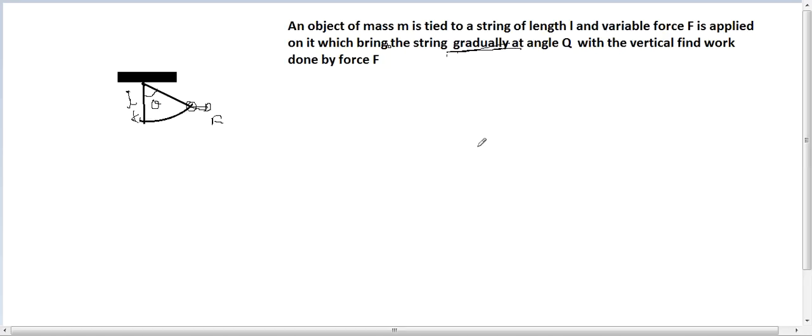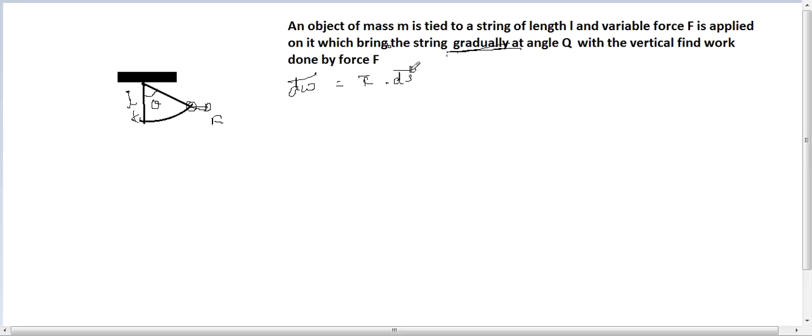So guys, the first thing, when you read the question the first time, if you are a beginner in the work energy principle, is that you try to find the work done by the equation dW equals vector F dot ds.